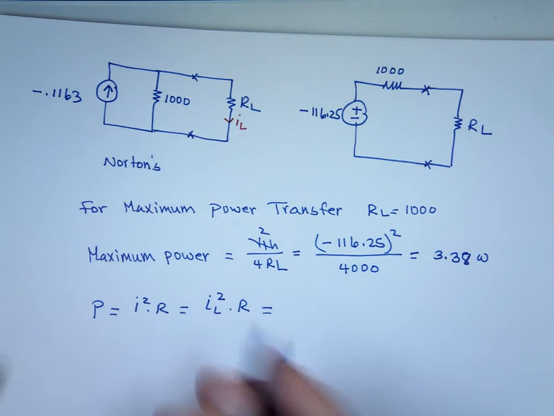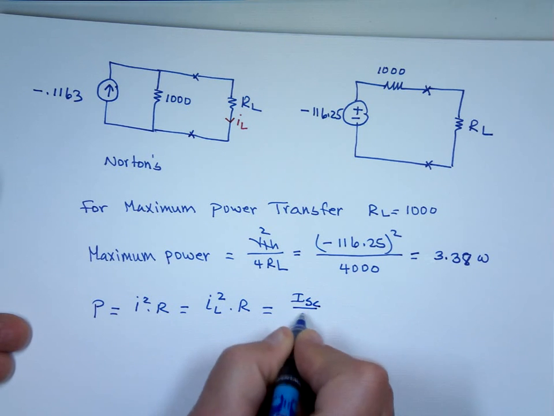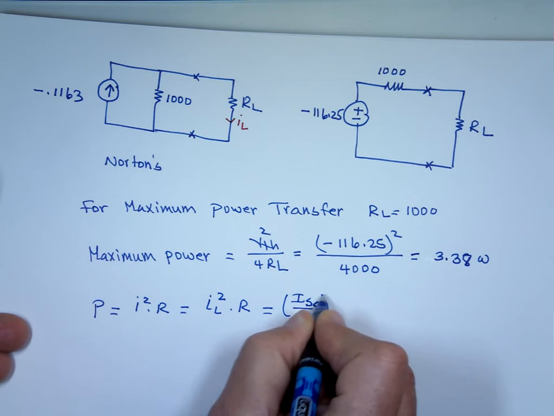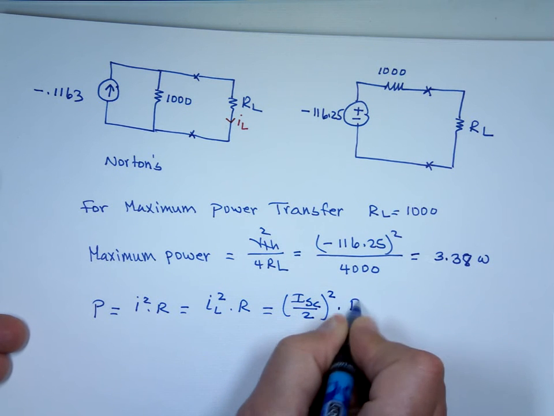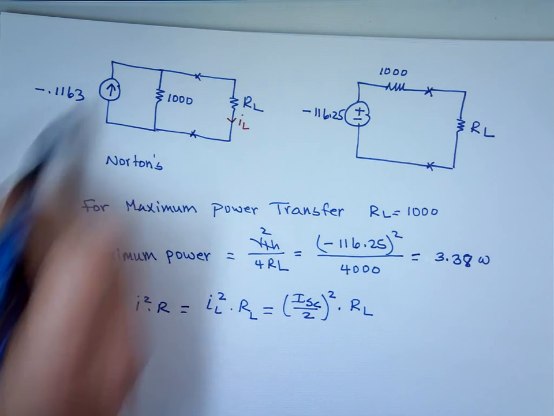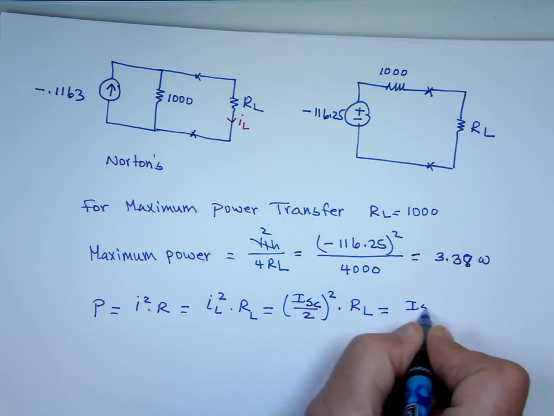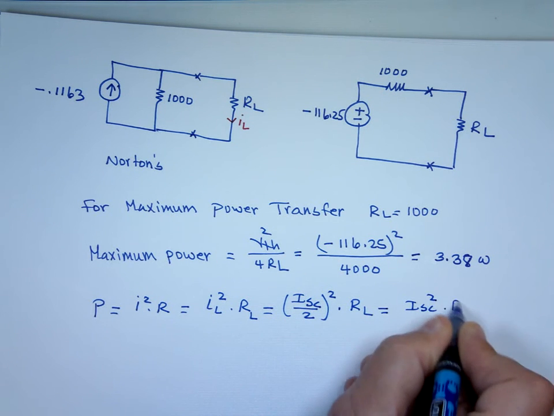So it's I short circuit divided by 2, squared, times R sub L. That's I short circuit squared times R sub L divided by 4.